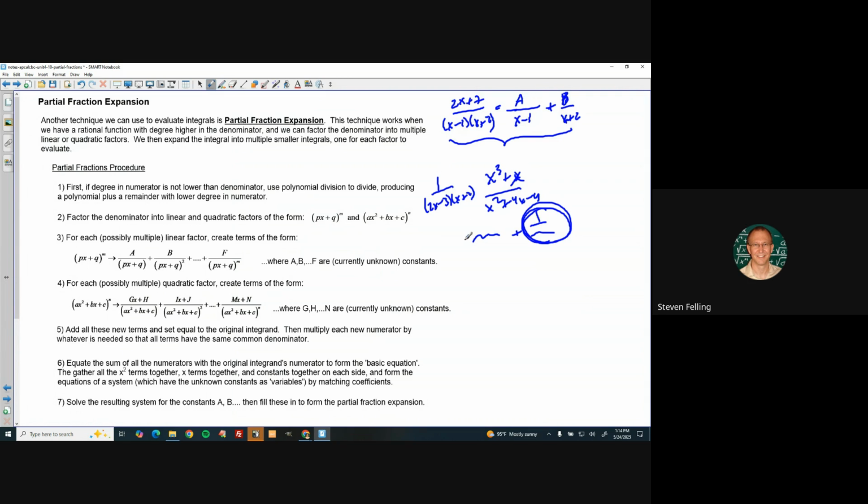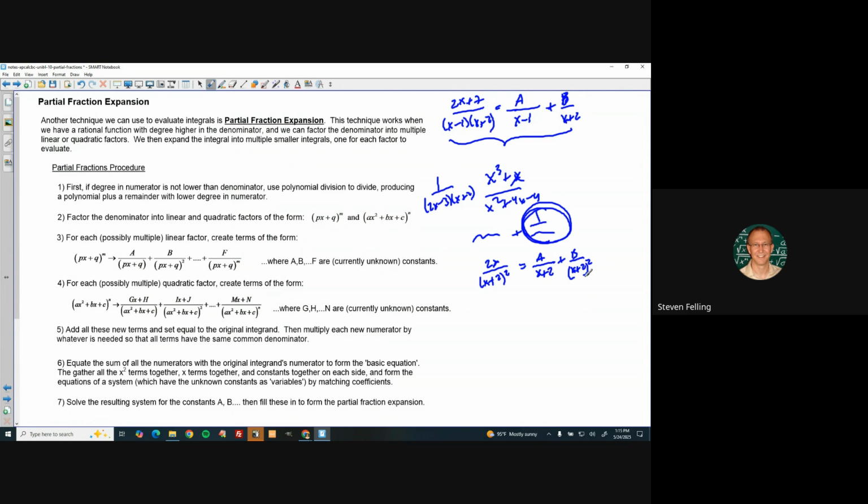If you happen to have something like 2x over x plus 2 squared, so if that was repeated, then you would first put a constant over x plus 2 without the square, then you would have a separate one for the x plus 2 that's squared.